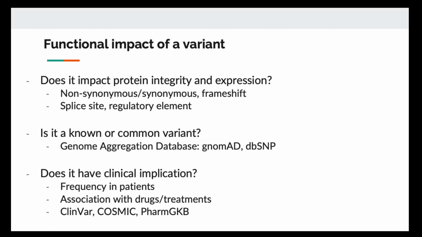So there are also databases that not only collect the association between mutation and disease, but also their association with treatment response. Like the PharmGKB database, it will tell you if the mutation is linked to a good or poor response to a certain drug or treatment, so that you can make decisions for your patient or for your experiment accordingly.